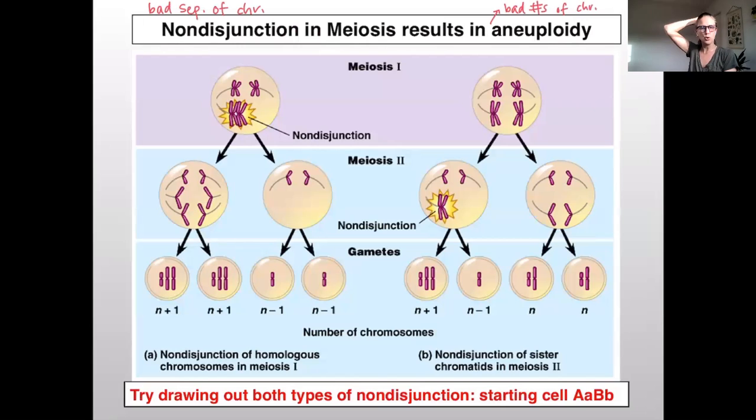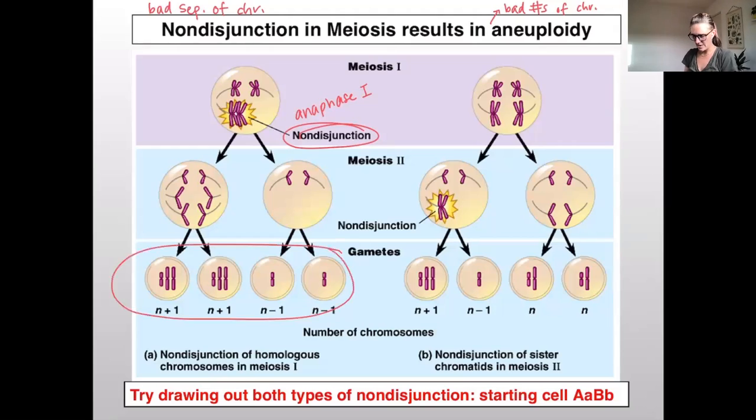It can happen during either anaphase, when these chromosomes are separating. If you get nondisjunction in anaphase 1, that can result in every single gamete having issues, right?